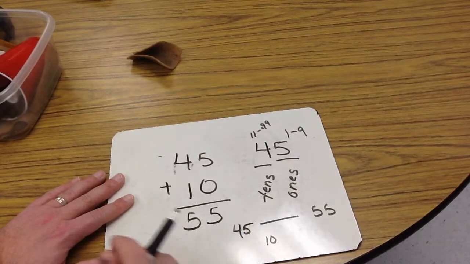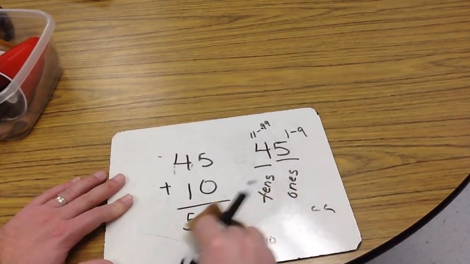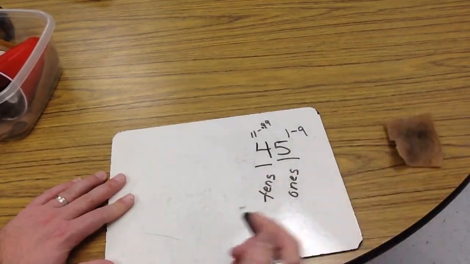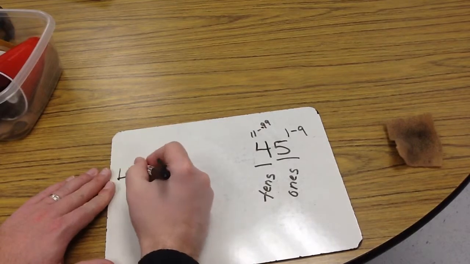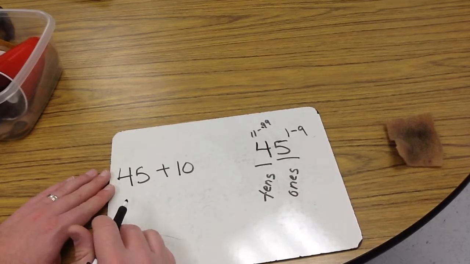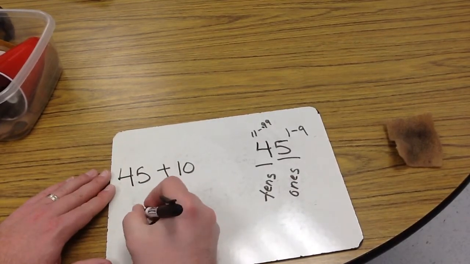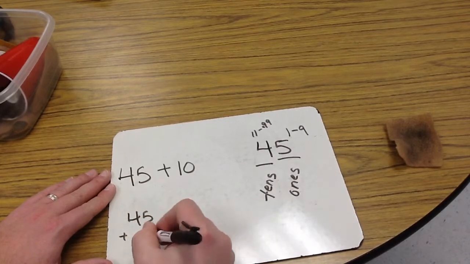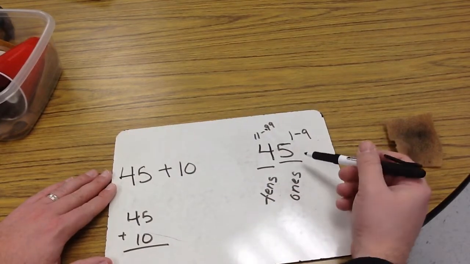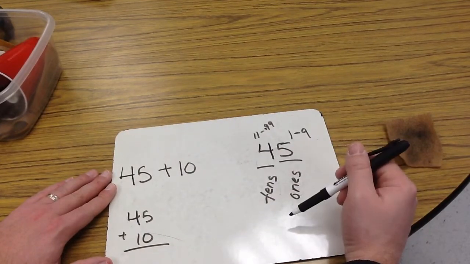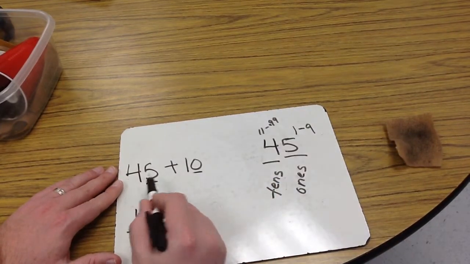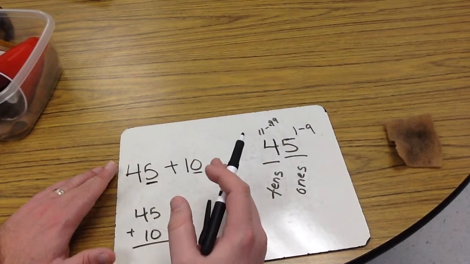But what if I see this problem a different way? If I see 45 plus 10 like this, there's two things I can do. I could rewrite the problem top down so it's easier for me to understand, or I can use the concept that I just learned about the place values for the ones place and the tens place and say to myself, okay, this 0 is in the ones place, this 5 is in the ones place because they're both on the right side.